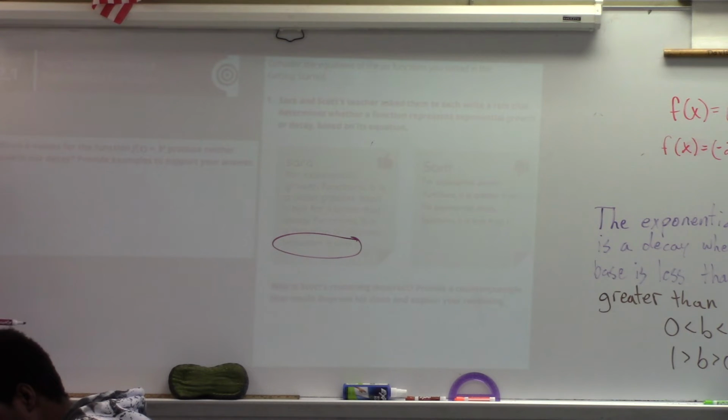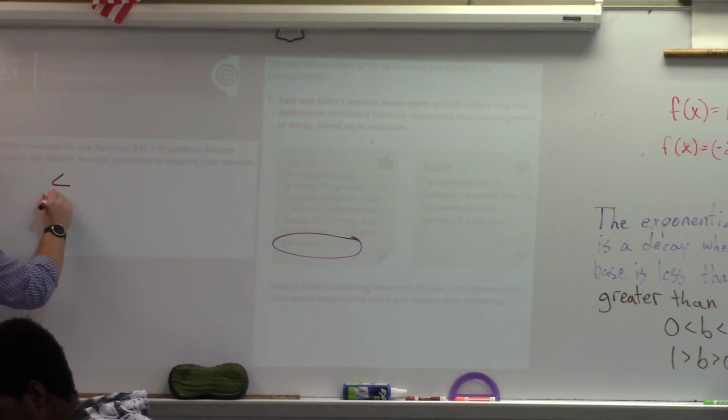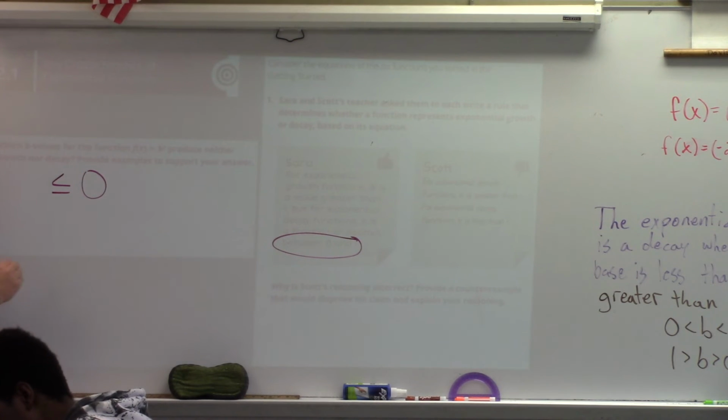Negatives and 0. So, how can I write that as a single statement that it's all negative numbers and 0? Less than or equal to 0. If something is less than or equal to 0, that's the 0 and it's got my negatives, so what needs to be on the left-hand side here? The B, right, the base. If the base is less than or equal to 0.